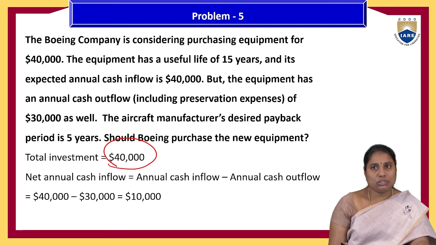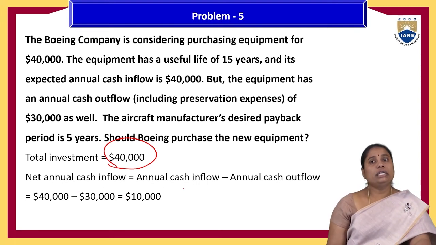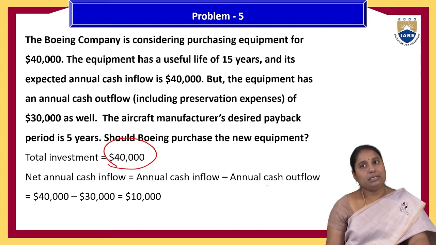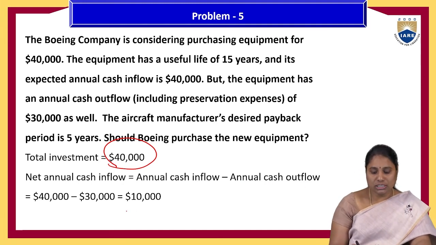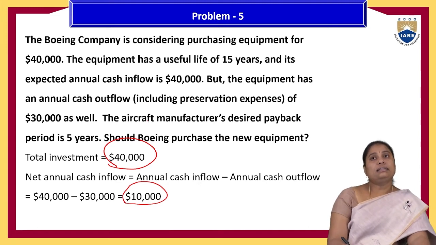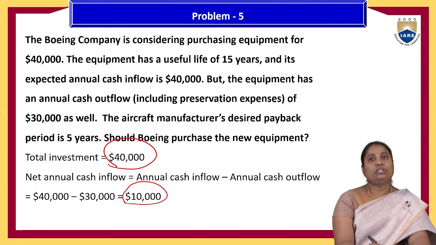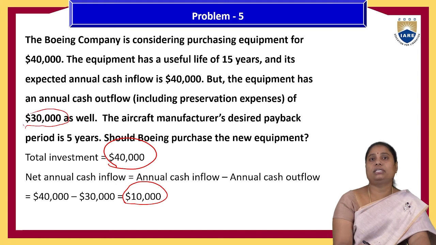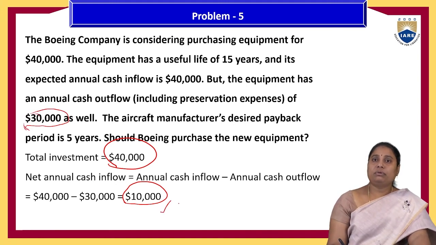They want to invest. And the net annual cash inflows are annual cash inflows minus annual cash outflows, that is $10,000, because their cash inflow is 40,000 and the cash outflow is again annually 30,000, which means the net amount they are going to get as return is $10,000.